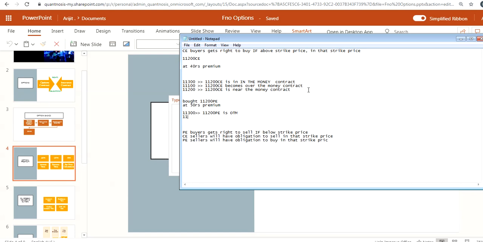If price is at 11,100, this means 11,200 PE is in the money. See how for call options and put options, in the money and over the money become exactly opposite, right? So for put options, when price is below the strike it is in the money, and when price is above the strike, that is over the money. Similarly, if price is at the strike, it is called at the money or near the money.